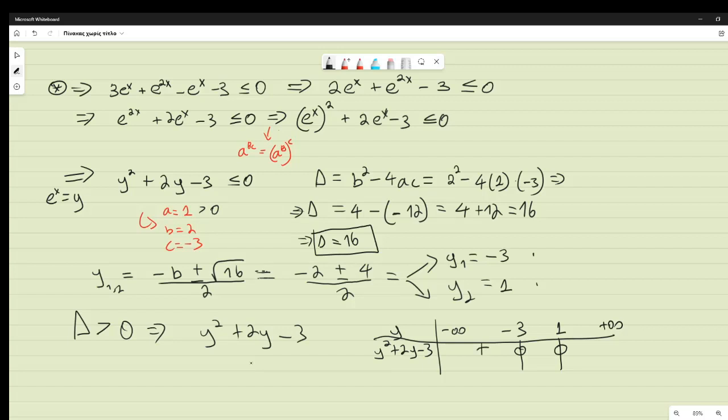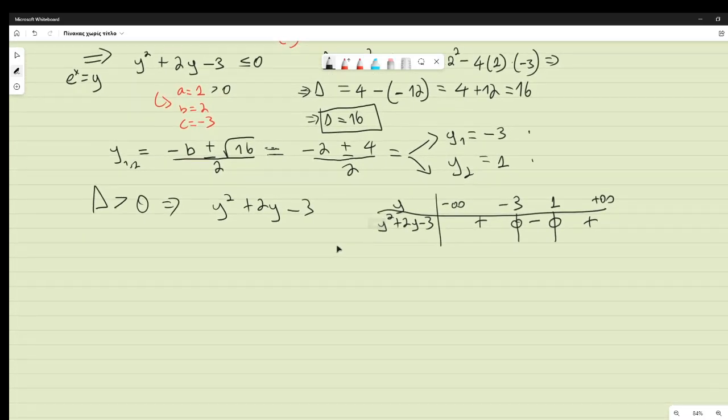So it will be positive here, and negative over here. The thing that we care about is to find where this polynomial is negative or equal to 0. So we write that y will belong to minus 3, 1, including the roots over here.